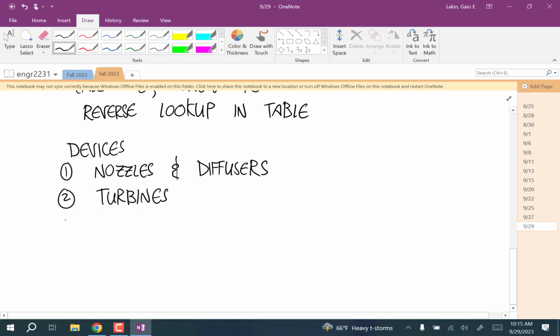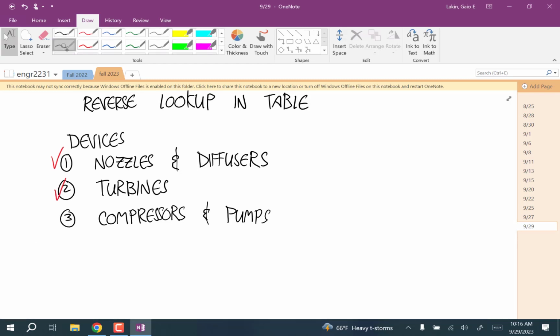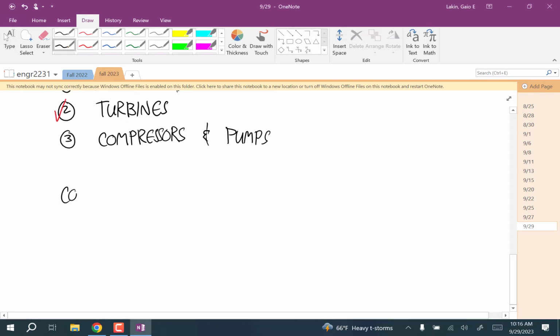And so the last thing we have to do is compressors and pumps. Well, these are very similar ideas.